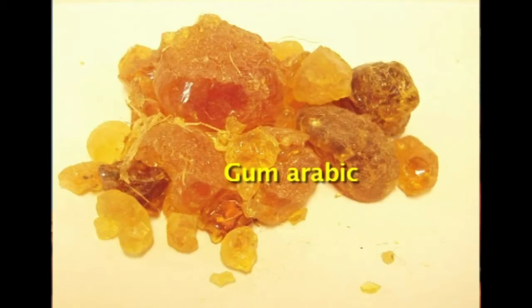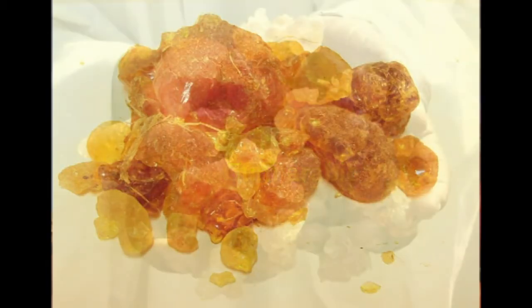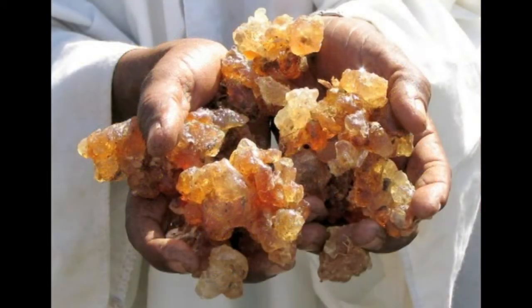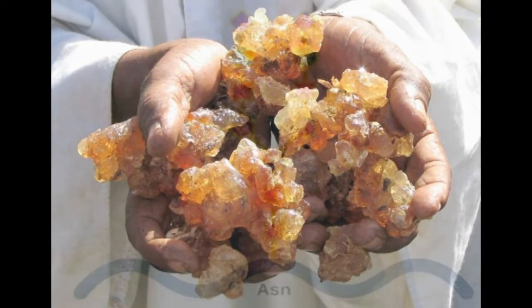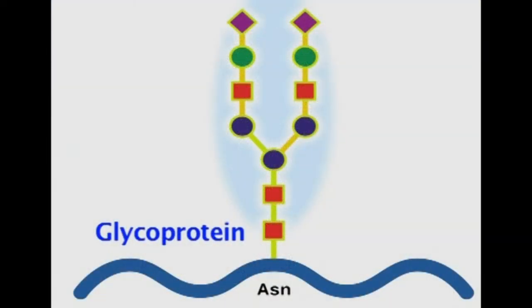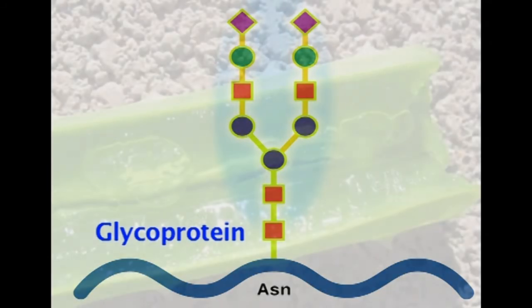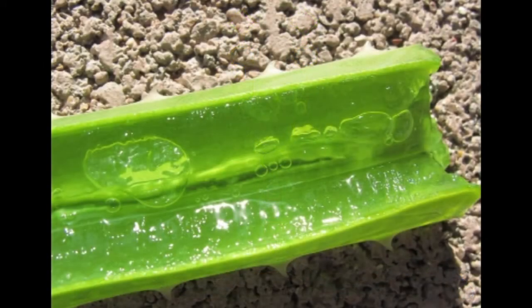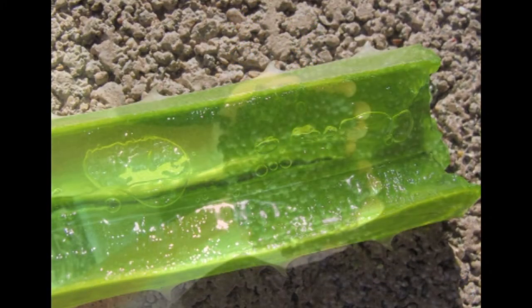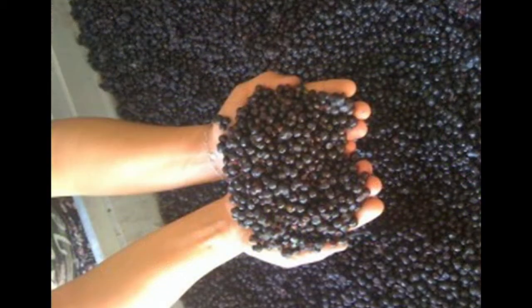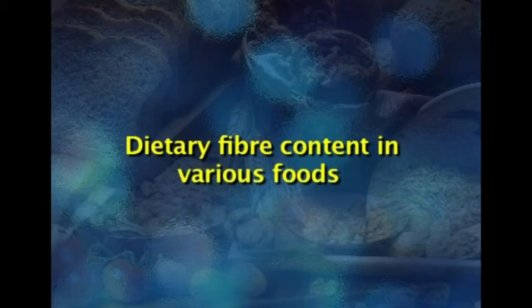Gum arabic is exuded from the acacia tree and is a complex arabinogalactan polysaccharide in an admixture with glycoprotein. Mucilages are secreted into the endosperm of plant seeds where they act to prevent excessive dehydration. This was about the classification of dietary fiber and the components of dietary fiber.